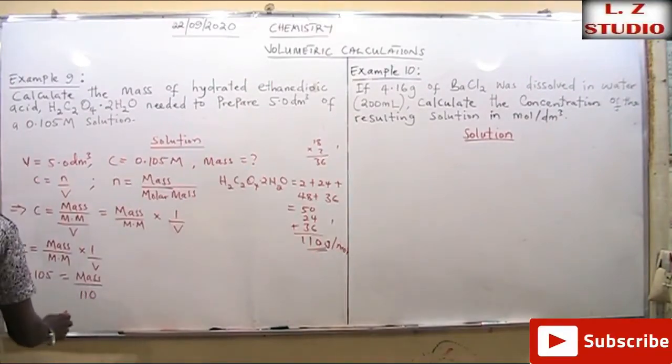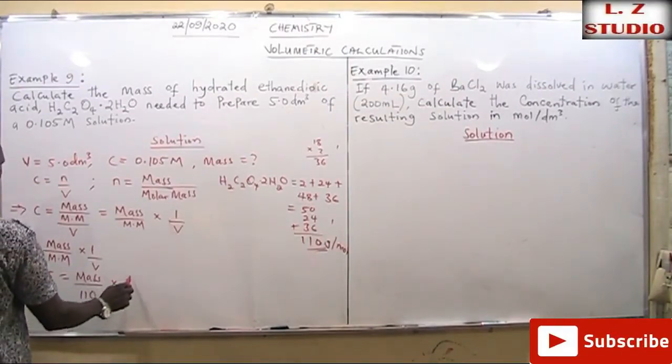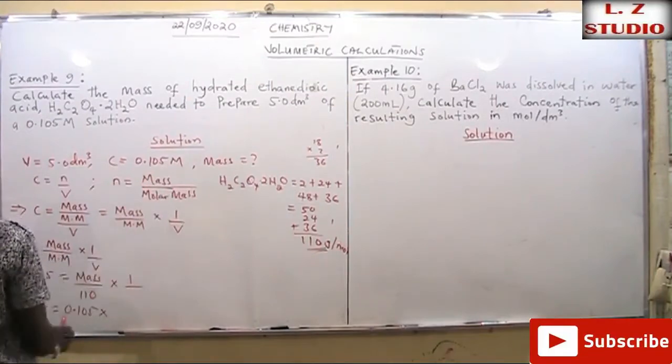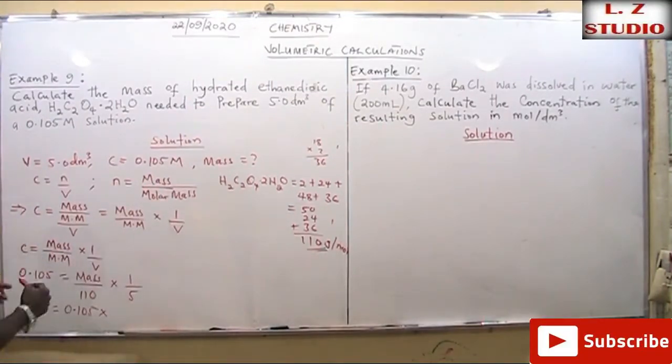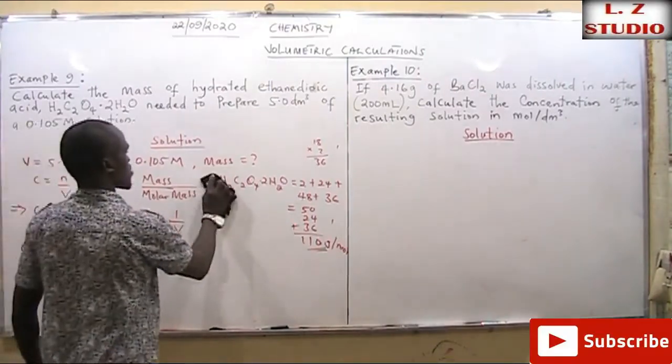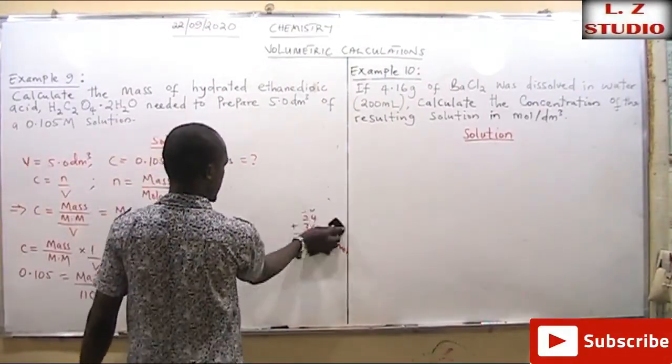So in this case, our mass is now going to be equals to 0.105 times, oh, we are mistaking something. We have 1 over volume, and our volume is 5. So we just have to go ahead, calculate, and push over.